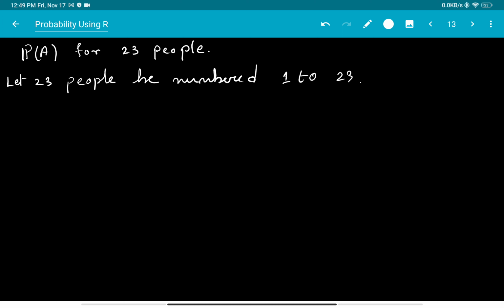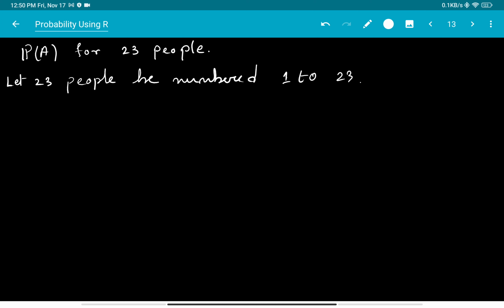that person 2 doesn't have the same birthday as person 1, and that person 3 doesn't have the same birthday as either person 1 or person 2, and so on.